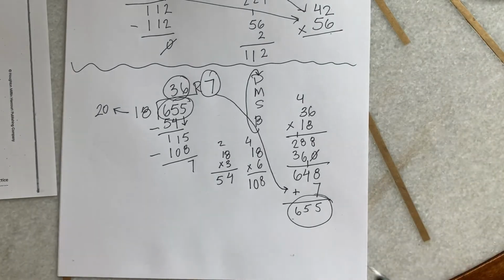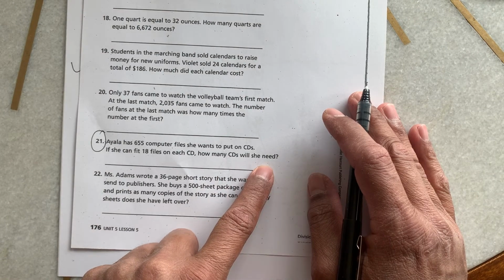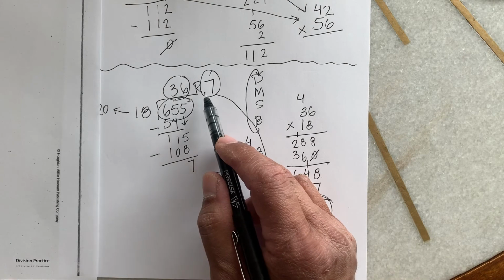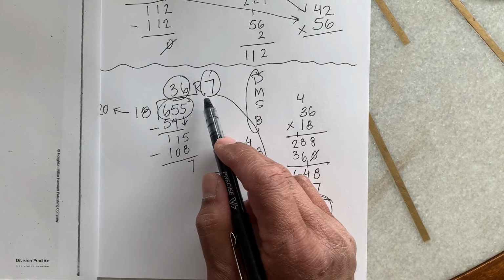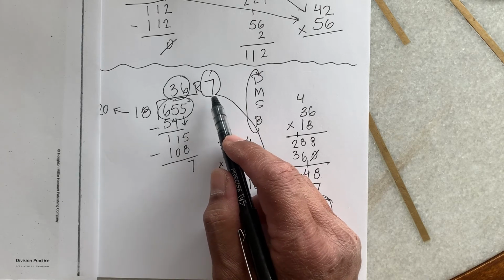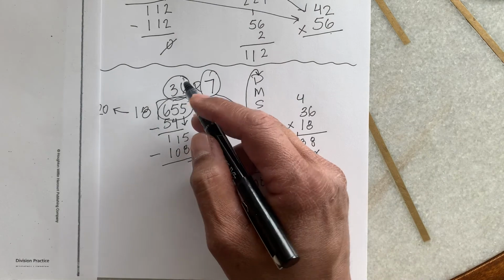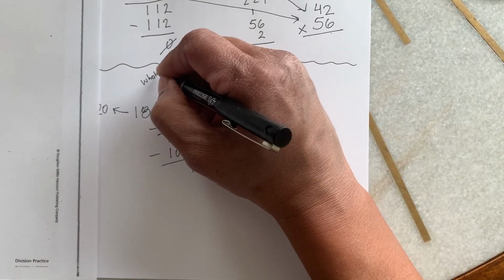So I know my answer is right, but the problem is asking, how many CDs will she need? You can't answer 36 remainder 7. You can't have a remainder 7 of a CD. What you can do, though, is you know you're going to need 36 whole CDs.